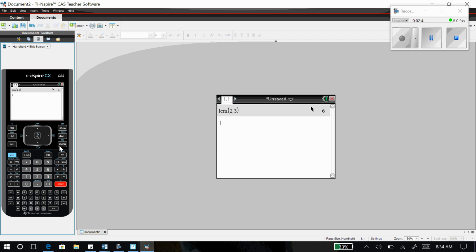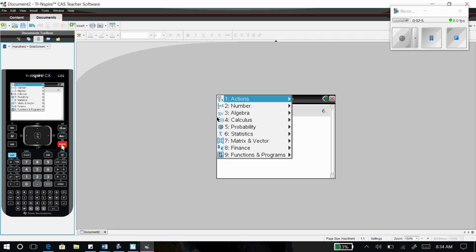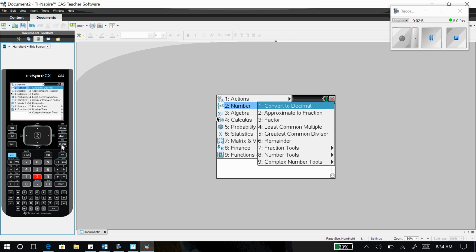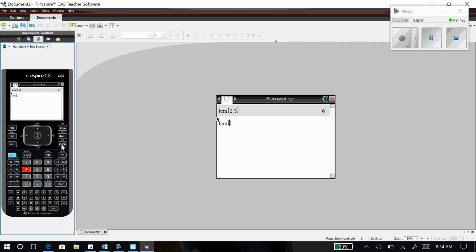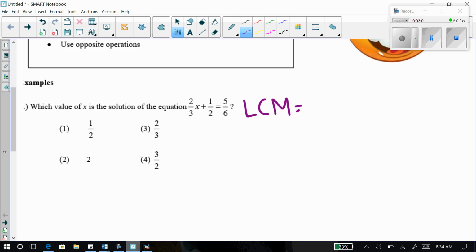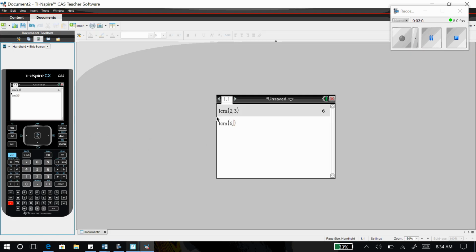Remember, the calculator can't do more than 2 at once yet. So you do 2 at a time, and then you keep going. You take the answer, that, so number, least common multiple, 6, and you do it with the other number, which was 6. So 3, 2, and then 6. So our LCM here is 6.